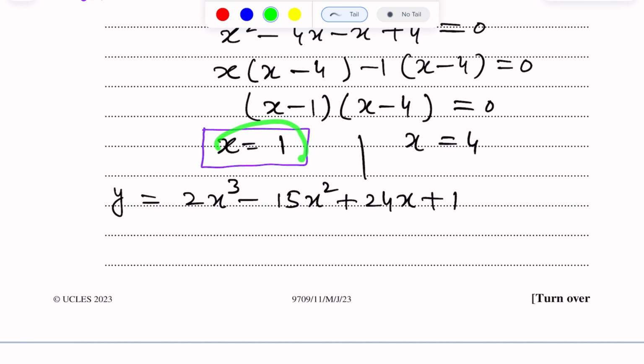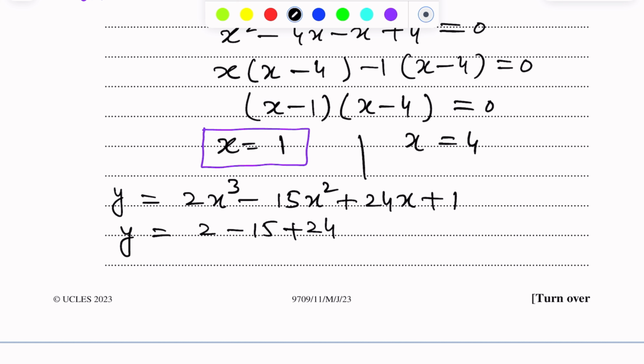Putting x is equal to 1 here, we get y is equal to 2 minus 15 plus 24 plus 1, and this shows that y is equal to 12.